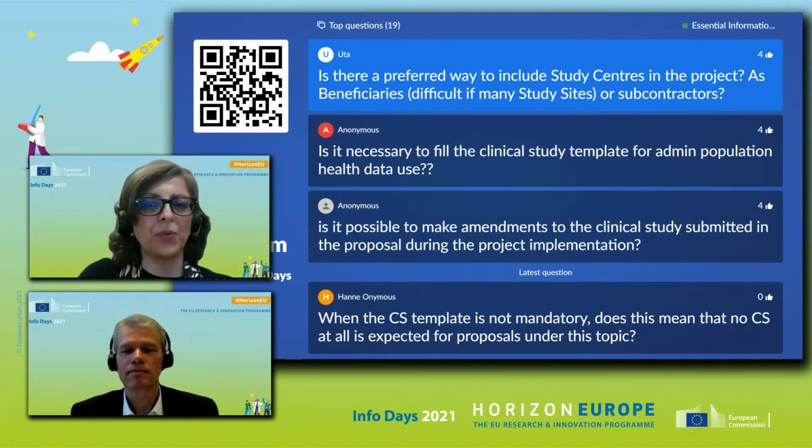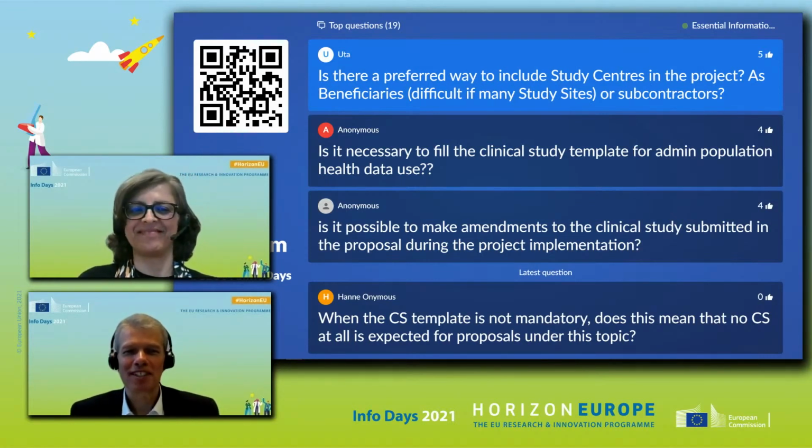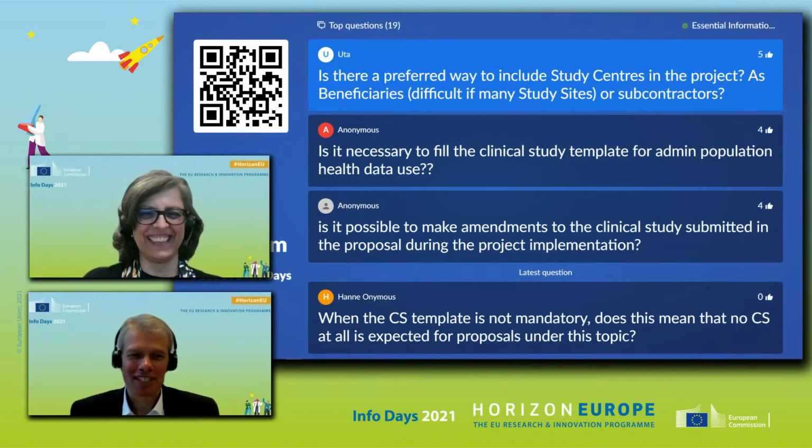Is there a preferred way to include study centers in the project as beneficiaries, difficult if many study sites, or subcontractor? This is one of the issues that I would not like to address during this session, because this goes beyond my expertise.